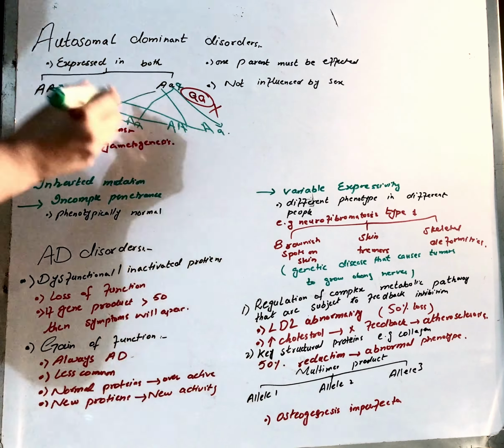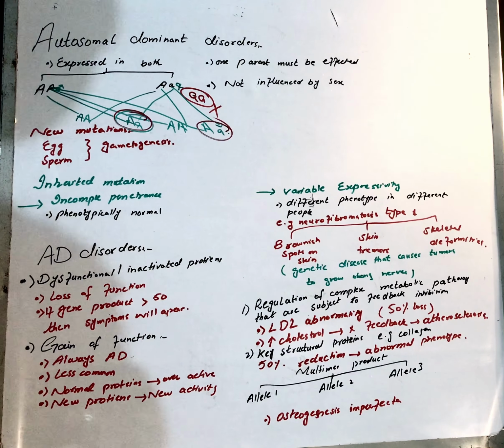As these genes are present on autosomes, they are not influenced by sex, and their transmission is not dependent on whether it's male or female. This is a brief overview about the autosomal dominant disorders.